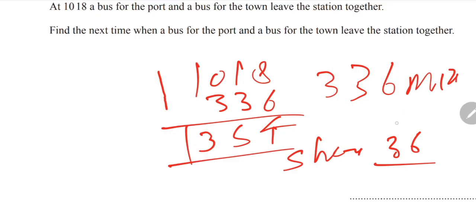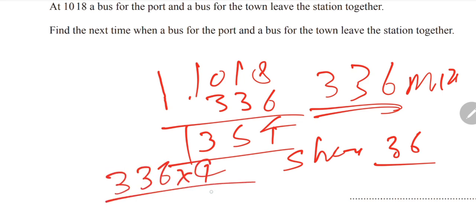Wait, what you need to find is its multiple that is greater than 1018. So if you multiply 336 by 4, 4 times 6, 4 times 3 is 12, 1 carry, 1344.